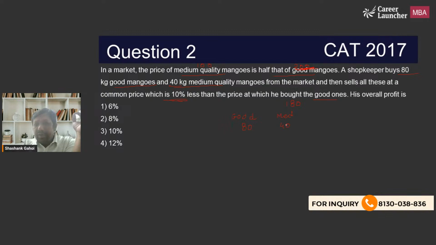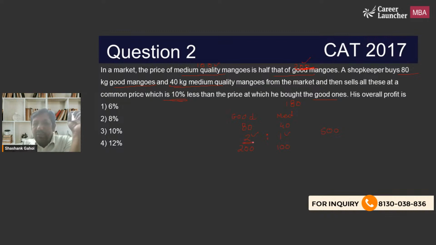So instead of taking 80 and 40, we can take the ratio of 2 is to 1. So I can say that he is buying good quality at the price of 200, 2 kgs, and medium quality at the price of 100 rupees, and how many is he buying? 1 kg. Okay. So what is his total cost? That is 200 into 2, 400, plus 100 into 1, 100. So total cost is going to be 500.